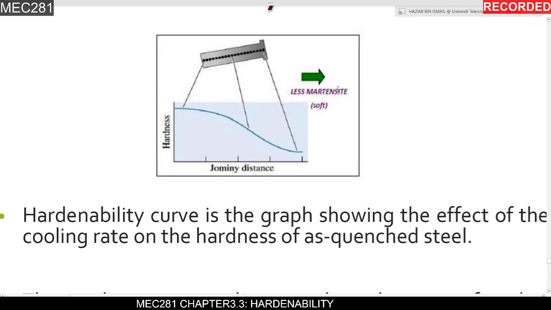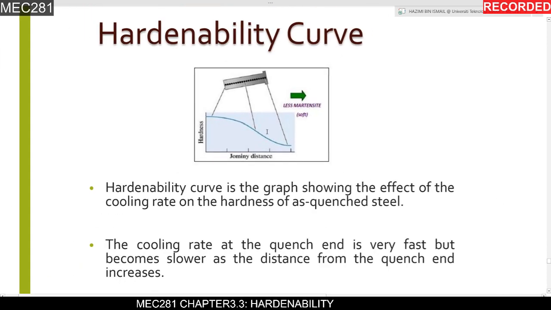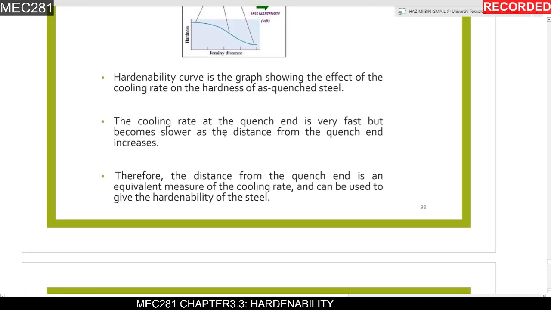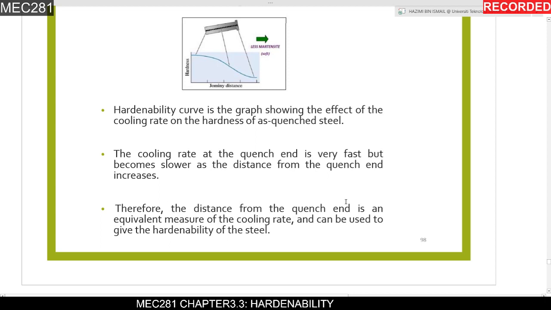This diagram shows that more Jominy distance means less martensite, so it becomes softer, with less hardness. The cooling rate at the quench end is very fast, but becomes slower as the distance from the quench end increases.